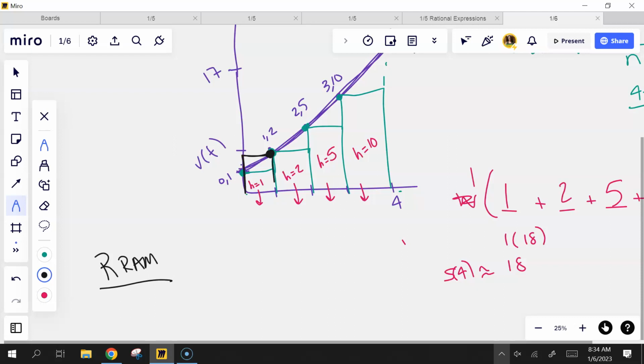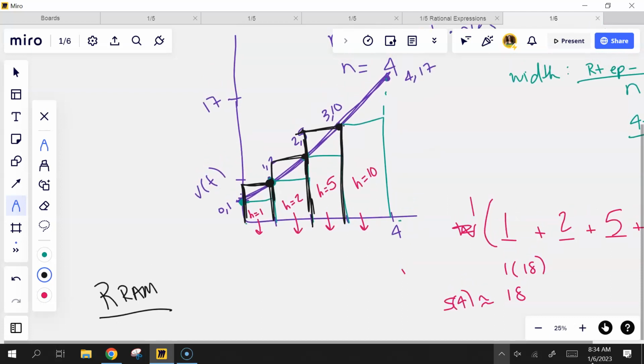So this is my first rectangle. Here's my second rectangle. Third rectangle. It goes from the right side of the interval that you're looking at. And then, of course, this one up here. There's my fourth rectangle.